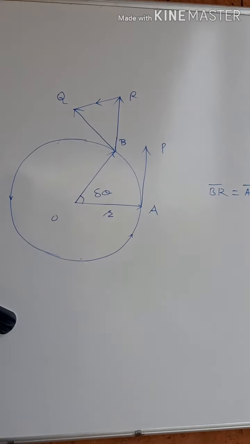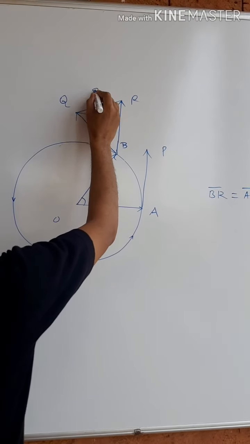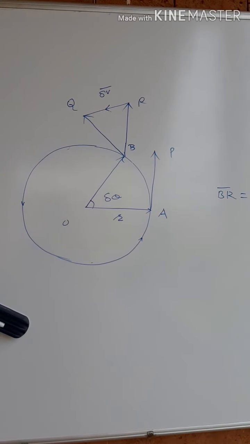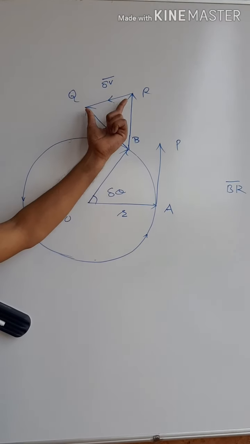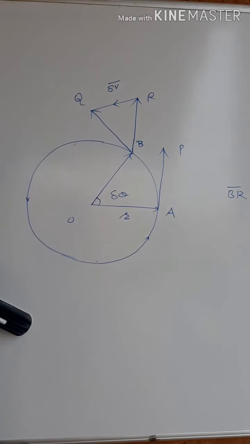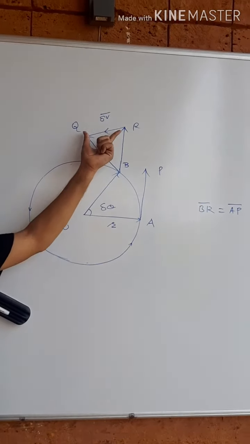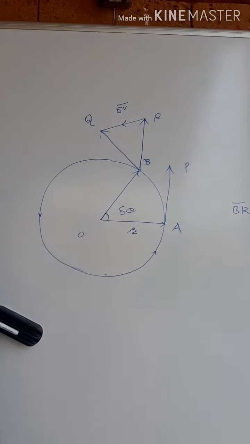And by applying the triangle law of vector addition, the resultant change in velocity from A to B is represented by this vector RQ bar. So this diagram shows the change in the velocity, that is delta V.